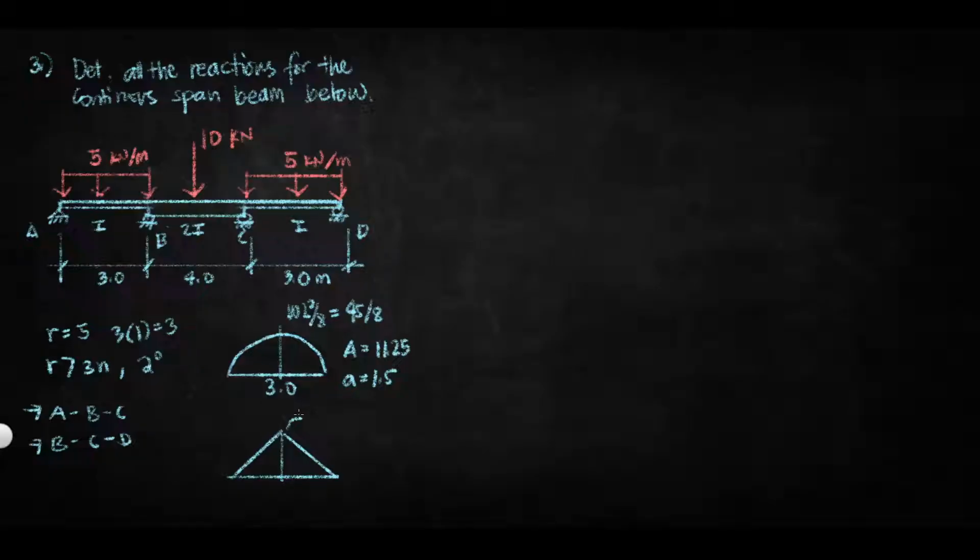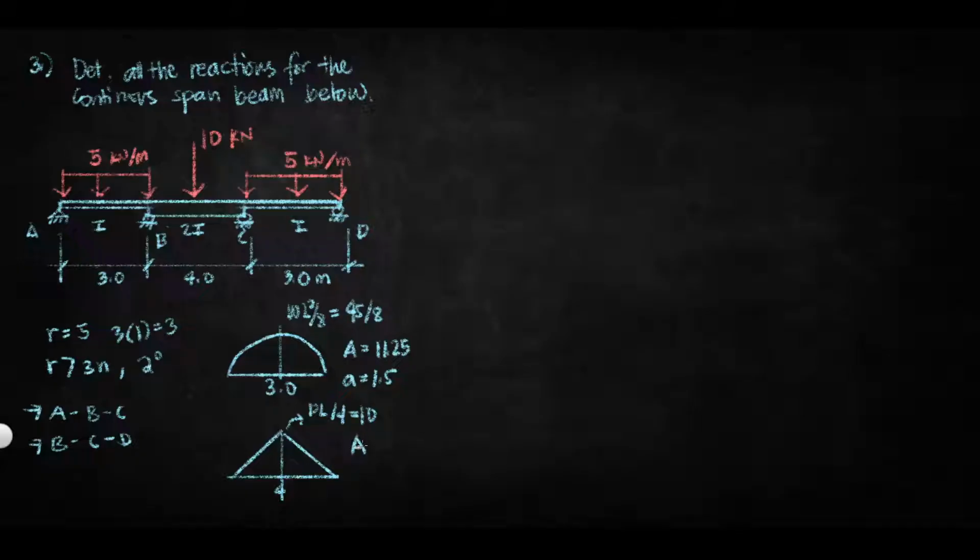So we can search this formula, which is PL over 4. Okay, so ang base nito is the length of this segment kung nasan yung 10 kilonewton. So that is 4 meters. So what is the value of PL over 4? So our P, that is the value of the concentrated load, which is 10, times L, yung length po ng BC, which is 4, over 4, and 10 as a maximum height of our triangular moment diagram.